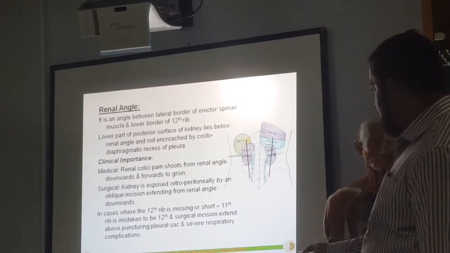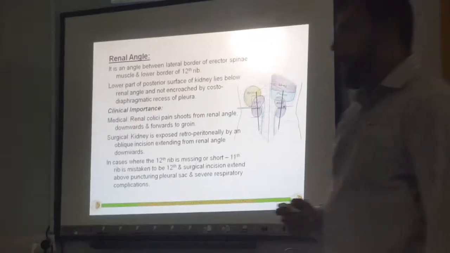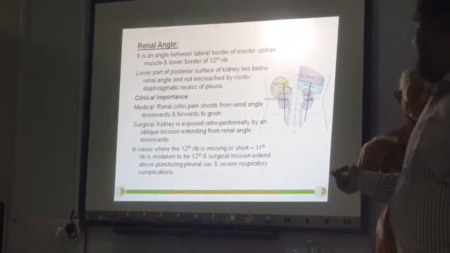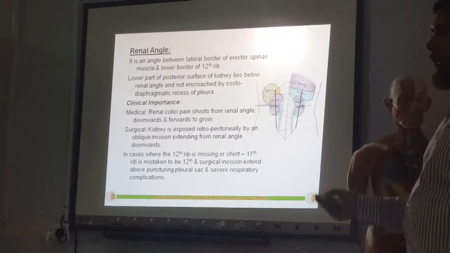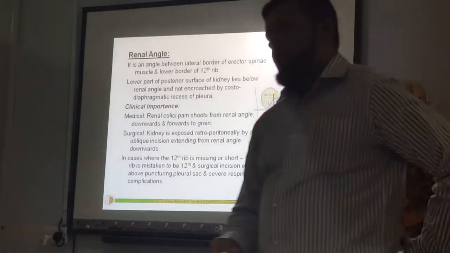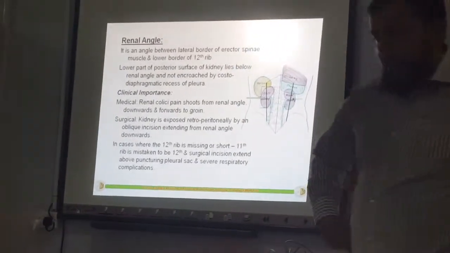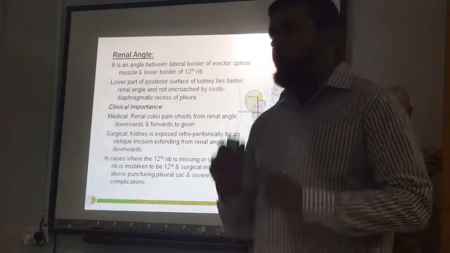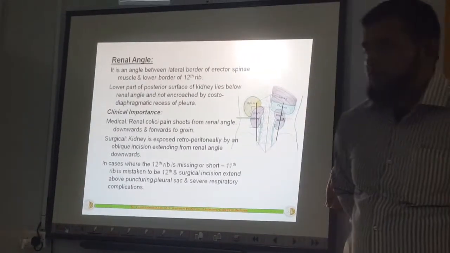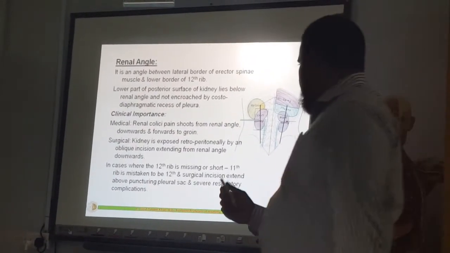This is what I said: if the 12th rib is missing, you can puncture. And medically it is important because the colic pain starts from here, winds around and goes into the groin. It is called pain from the loin to the groin.